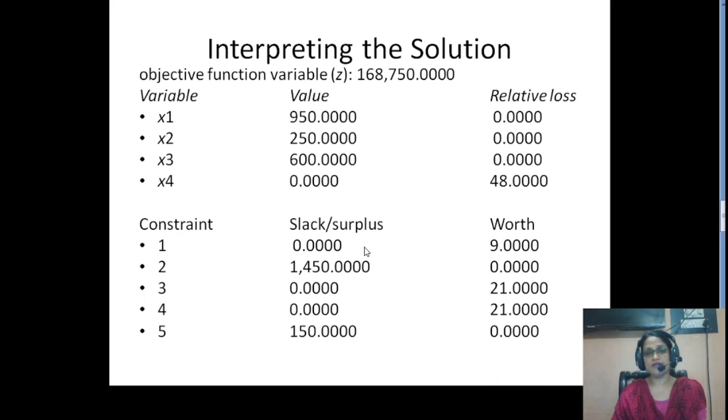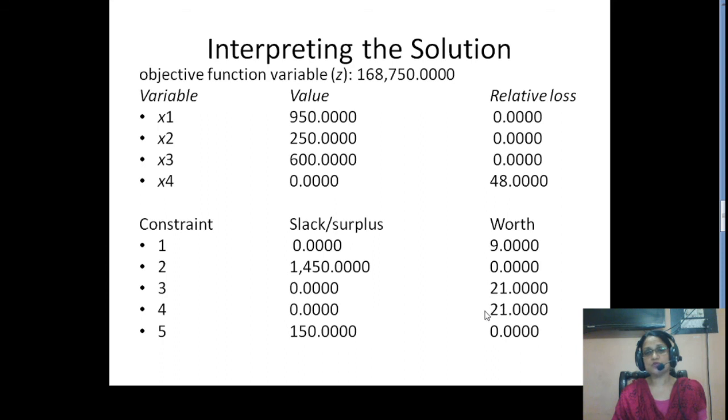If you buy 1 unit of cutting hour, your contribution will increase by 9 pounds, and that is the shadow price of cutting hour. The same goes with the finishing time. If you buy 1 unit of finishing time, your contribution will increase by 21 pounds, right? So this is the shadow price for finishing time.